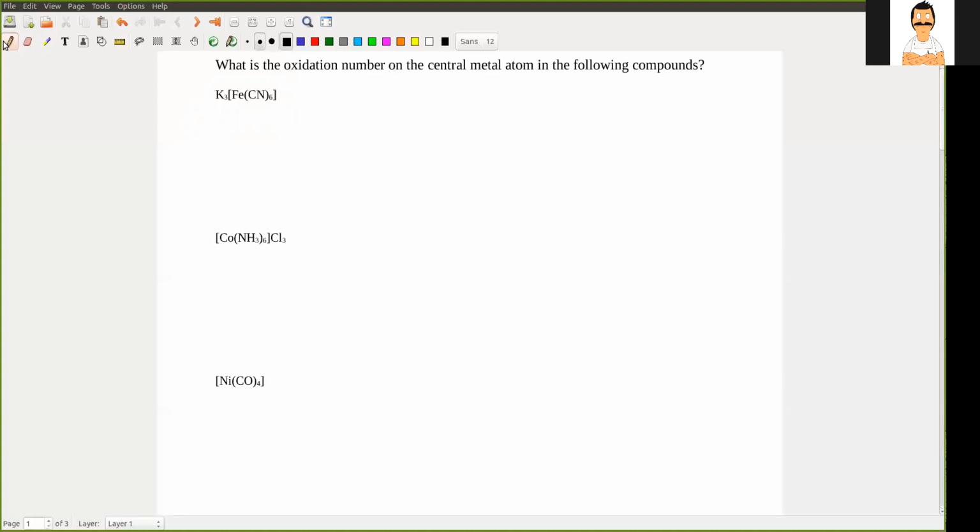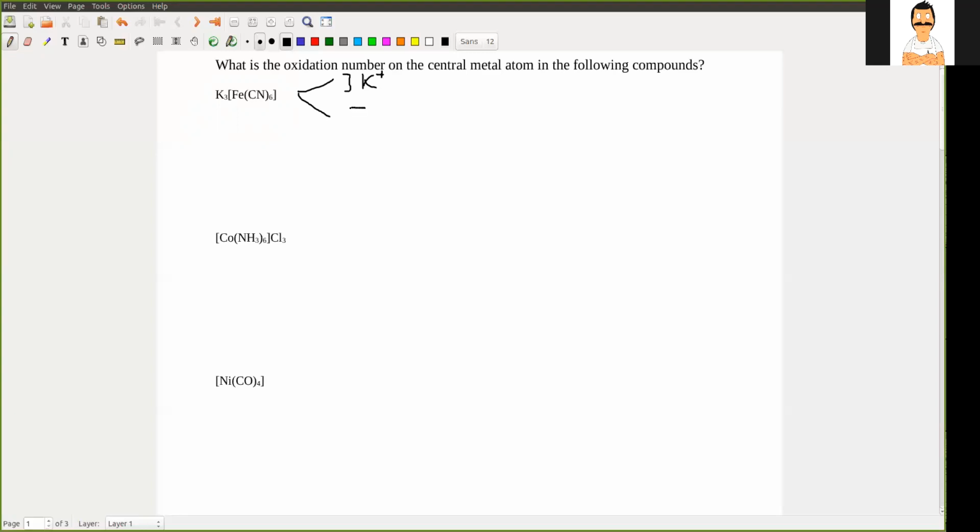So what we're going to do is take this species and break it up. We have 3 potassiums, and we know that potassium has a +1 charge on it. And this gives us a total of +3 from the cation.